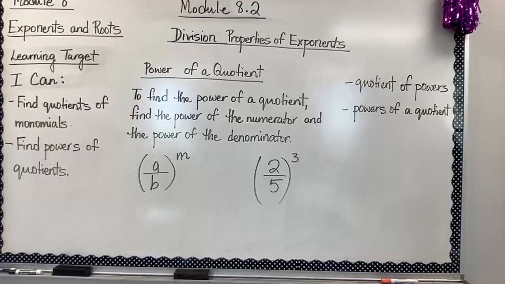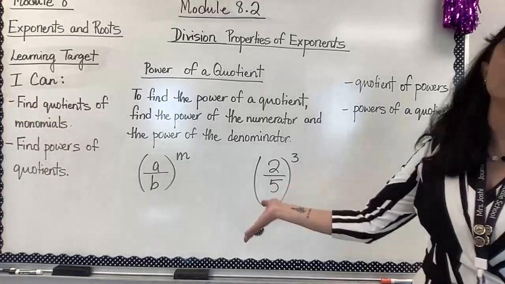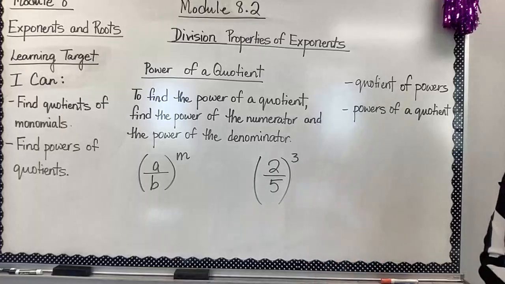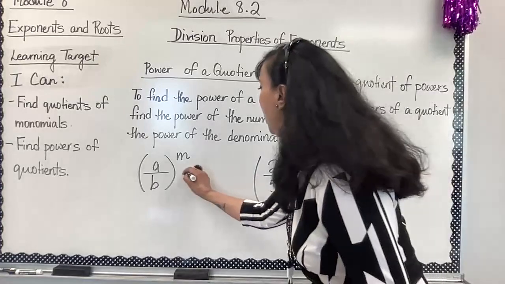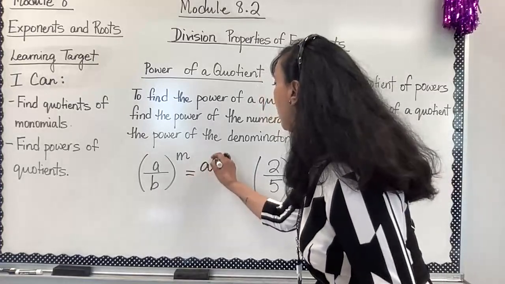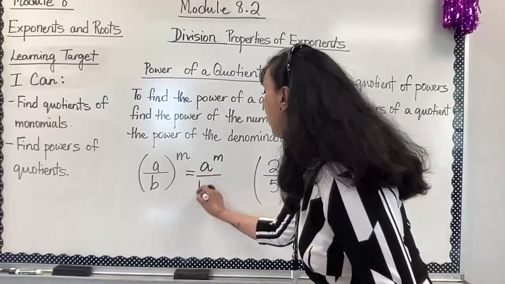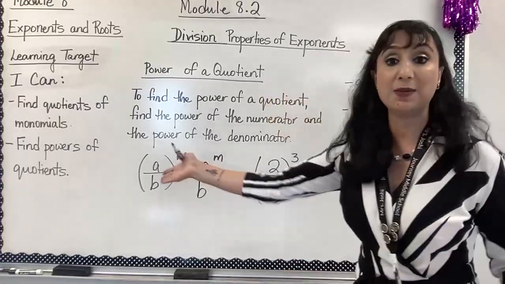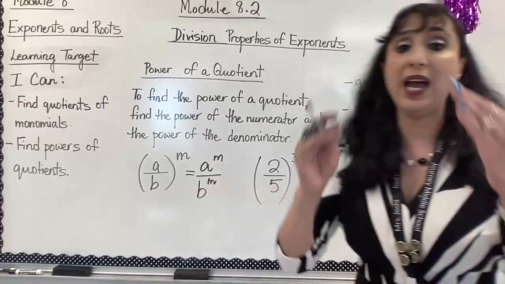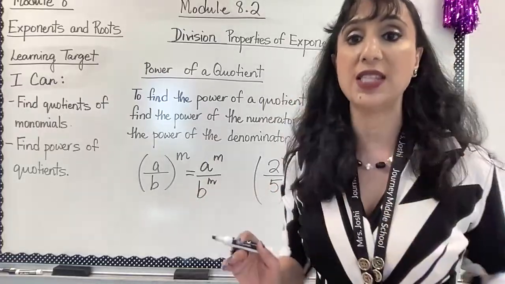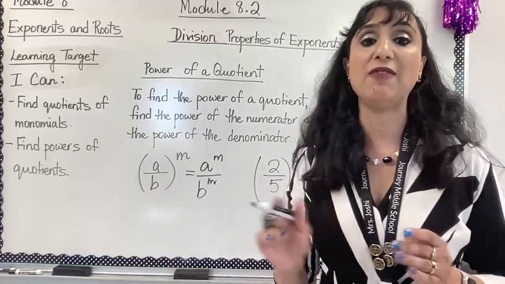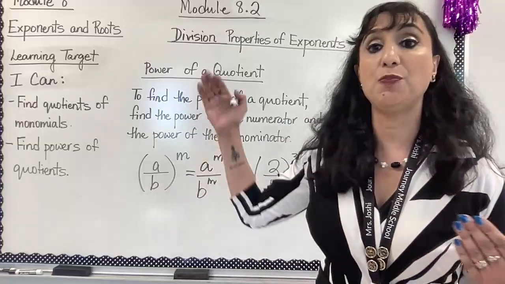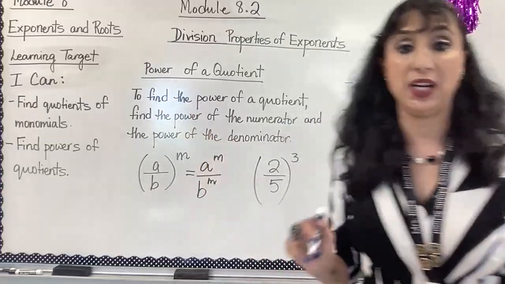For any real numbers a and b, where b is not equal to 0, and any integer m, if I do this, I am going to find a to the m power over b to the m power. So I have got to apply that power to both the numerator and the denominator.